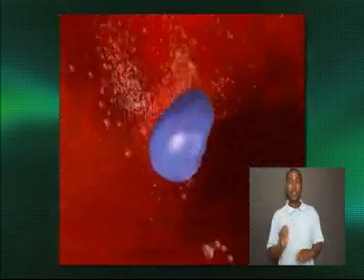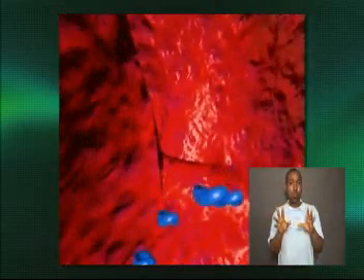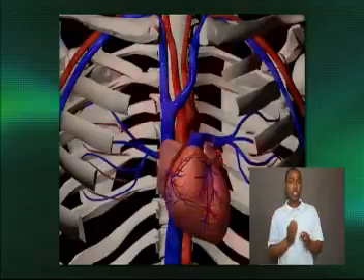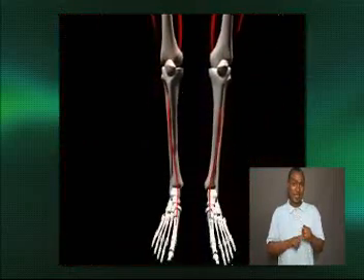Waste, including carbon dioxide, diffuses out of the cell into the blood, and oxygen diffuses out of the blood and into the cell. The waste products are collected, and the blood, rich in waste, flows into the veins, then through the vena cava, and finally re-enters the heart at the right atrium.